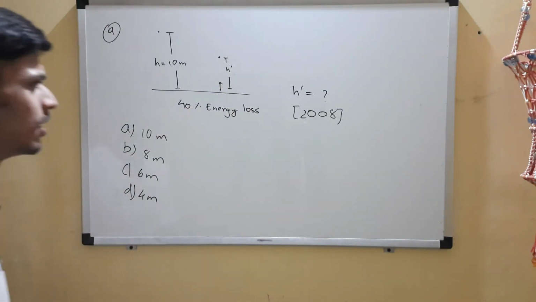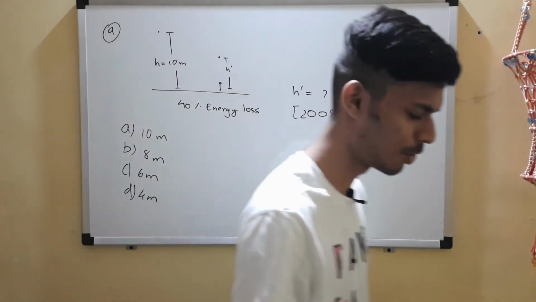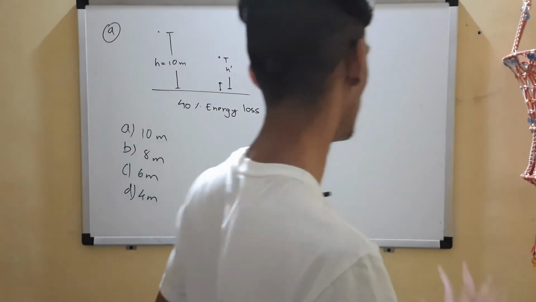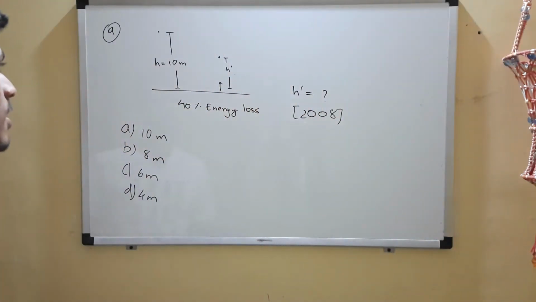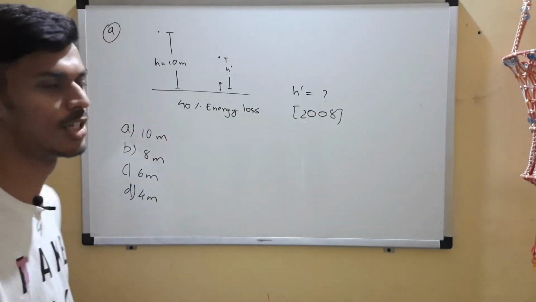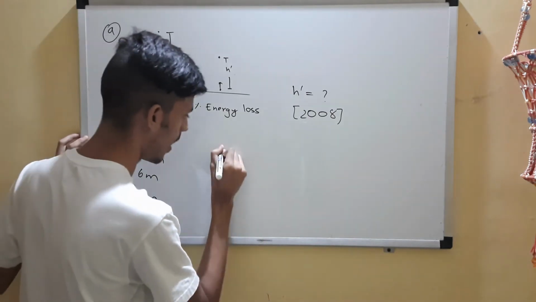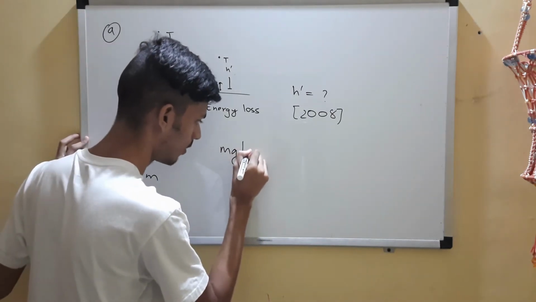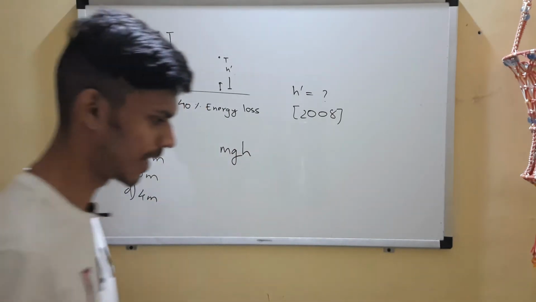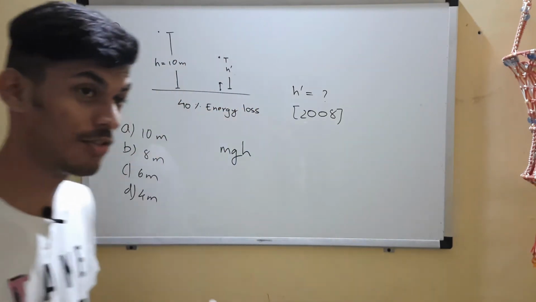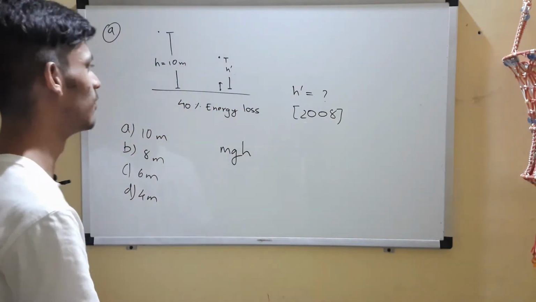So how will you do this? Energy conservation won't work here, I guess. So actually there are no principles as such which you can apply in this question, but you can do it by pure logic. First of all, we'll say mgh. Conservation of mechanical energy won't work, but conservation of energy will work. I'll show you.